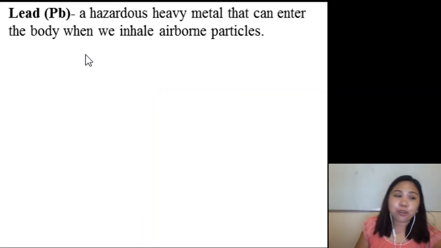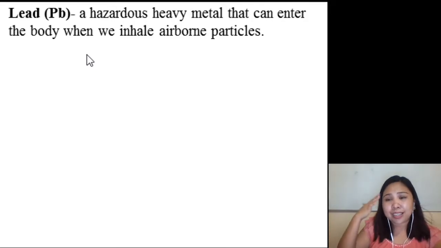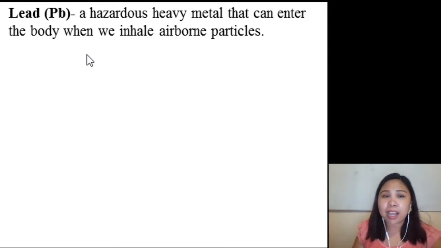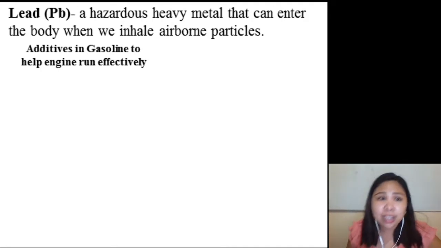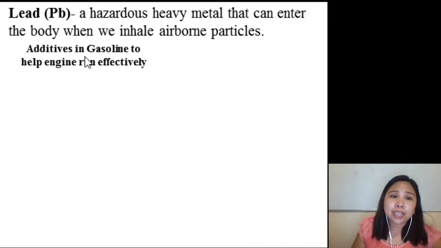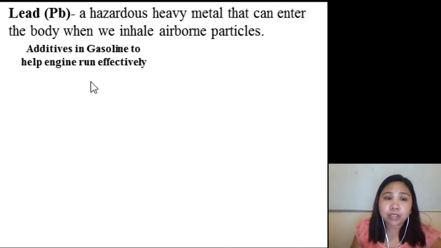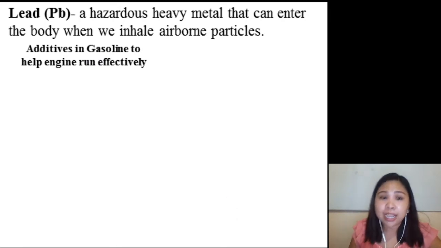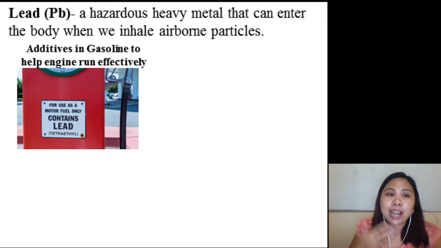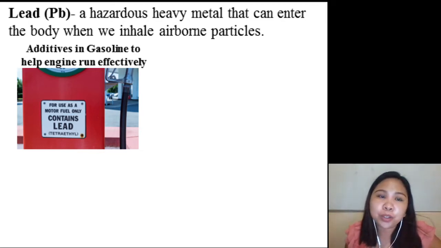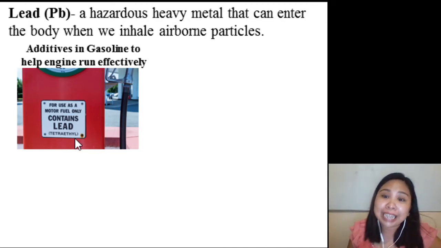Nakaka-affect siya sa ating nervous system, sa ating pag-iisip whenever maka-inhale ka nitong lead. So, saan tayo makakakuha nito? Those additives in gasoline to help the engine run effectively. So, before, yung mga fuels noon, yung mga gasoline, meron siyang lead.